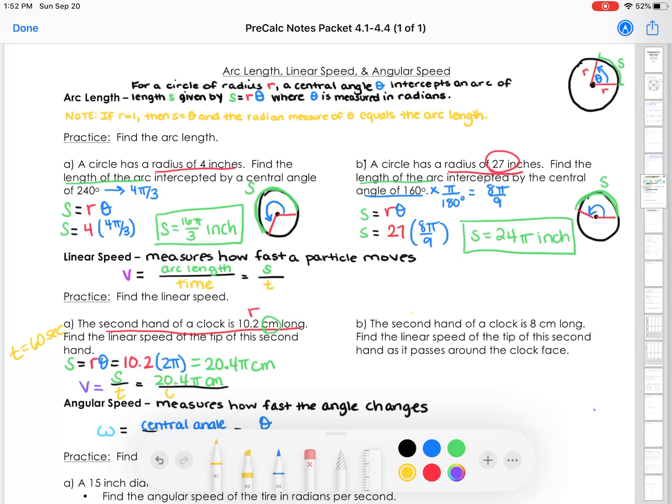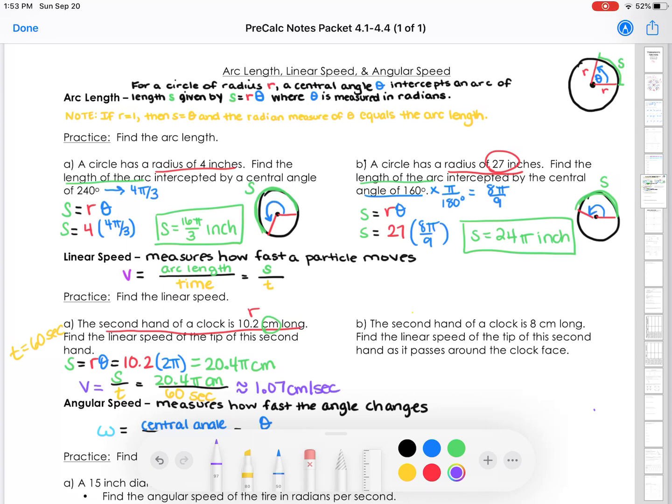And really what makes the most sense here is to just switch back over to a decimal. Forget about the pi because of how messy this is going to be. So this is going to give us about 1.07 centimeters per second. So what that means is that the edge of the second hand, like the little arrow on it, moves at 1.07 centimeters per second. That is the speed at which it is moving.